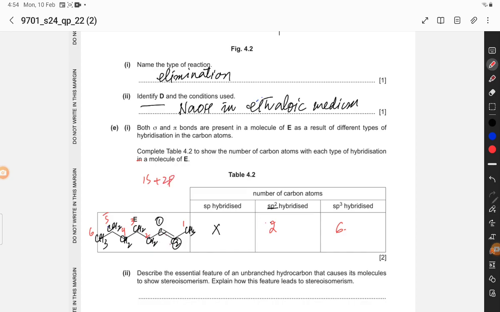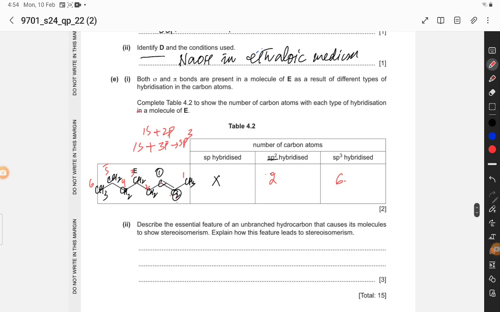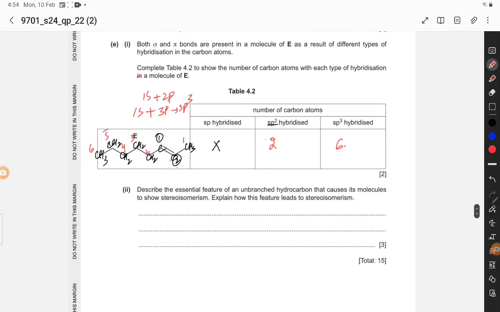So that is sp2 with two carbon atoms. So these carbon atoms have sp2, and the rest of the carbon has one s and three p, that is sp3 hybridization. There is no sp hybridization in this compound. So two carbon atoms undergo sp2 and the rest of the carbon atoms undergo sp3 hybridization.